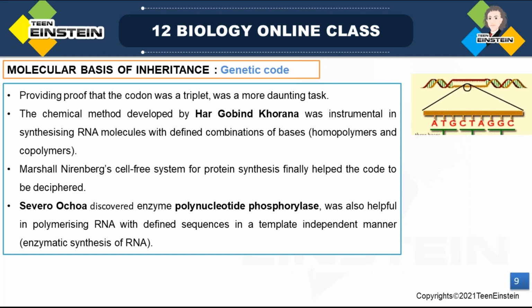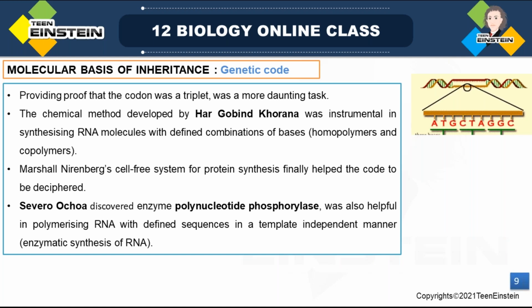Severo Ochoa discovered the polynucleotide phosphorylase enzyme. Polynucleotide phosphorylase enzyme was helpful in polymerizing RNA with a defined sequence in a template independent manner. This discovery was helpful in RNA polymerization with a defined sequence.